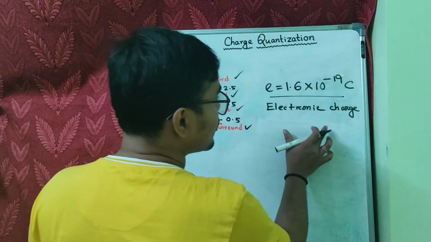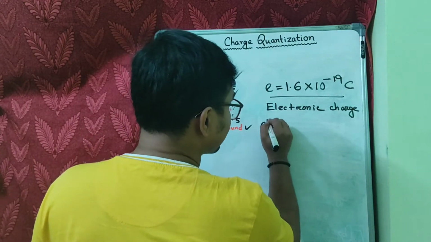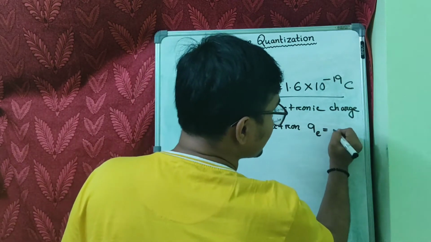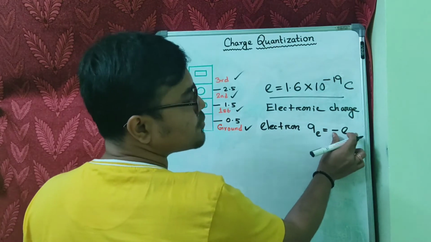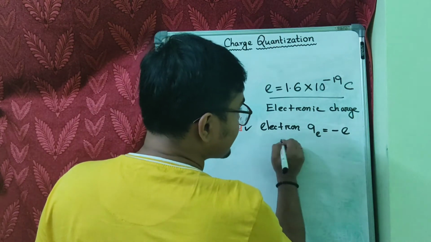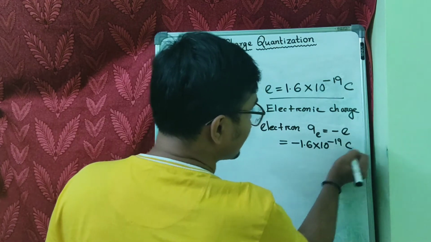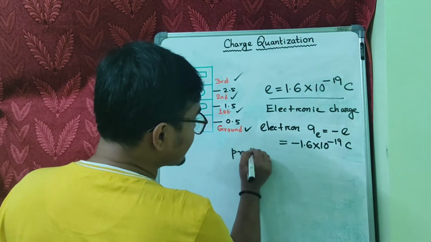Why? Because the electron has a charge of q_e equal to minus e, because the charge of an electron is negative, that is minus 1.6 into 10 to the power minus 19 coulomb. Similarly, what is the charge of a proton?